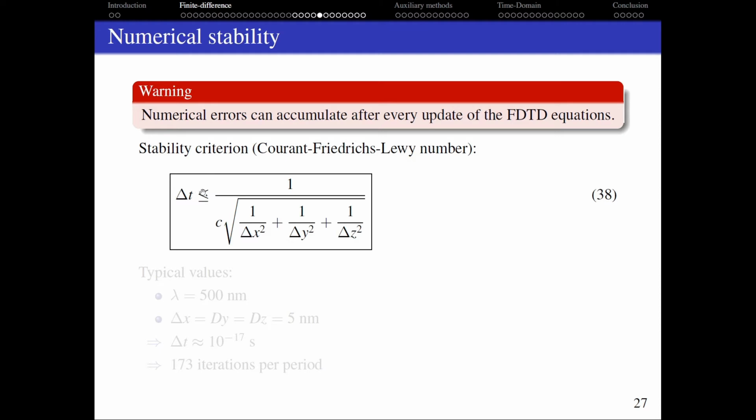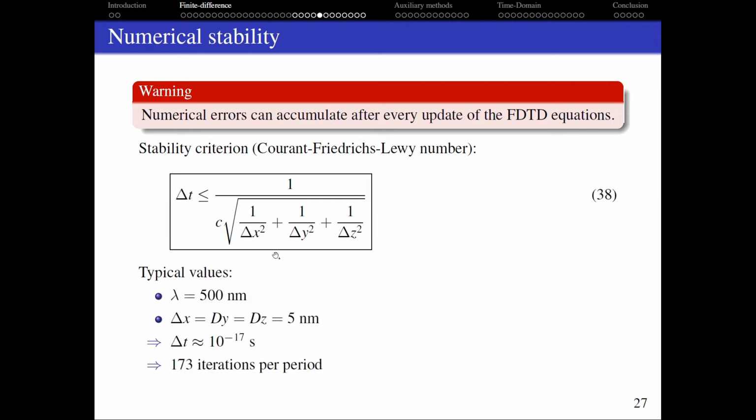So since I still need to simulate exactly the same thing, that includes the same actual duration, that means that I'm going to increase the number of iterations by 2. So if I wanted to divide my spatial step by 2, I'm actually going to increase the actual computation time, the CPU time, by 16, because we have 2 times 2 times 2 times 2.